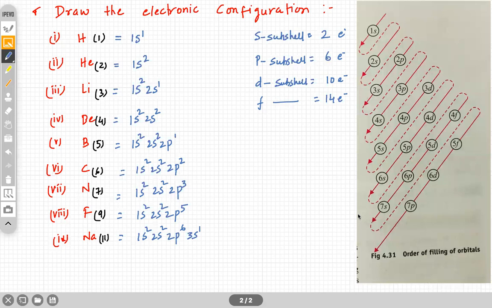I'll give you some more, Madhav. Finish it first. These are the very basics. No, I didn't forget. Sir, how do you represent the core, like the noble gas core, if you want to represent only the valence shell?